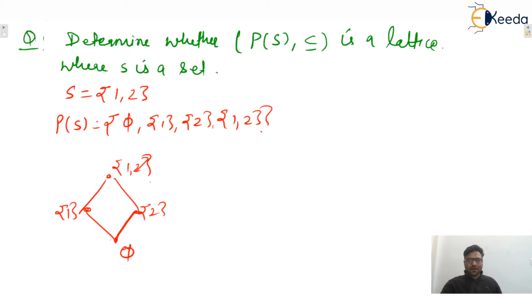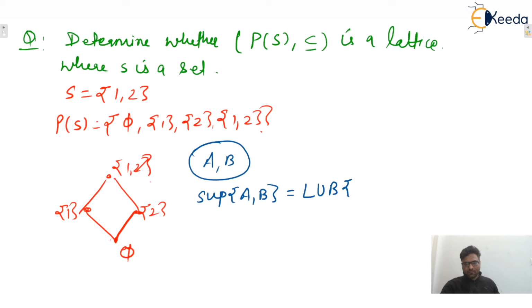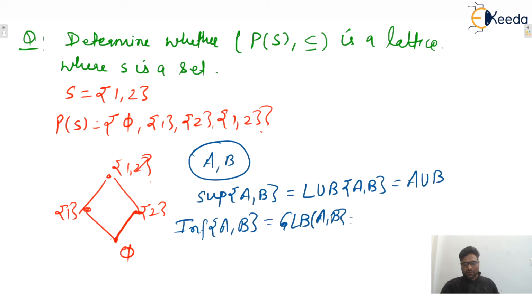And in this particular example, let us consider A and B are two subsets, the elements of the power set. So supremum of A, B, or the least upper bound of A, B, will be A union B, and infimum of A, B, or the greatest lower bound of A, B, will be A intersection B, isn't it?